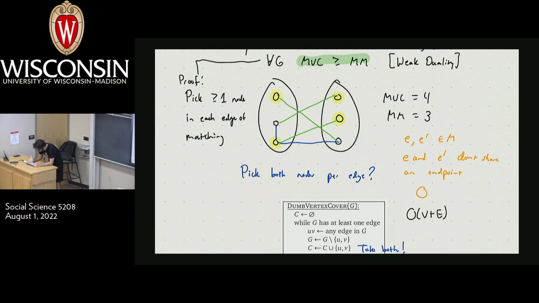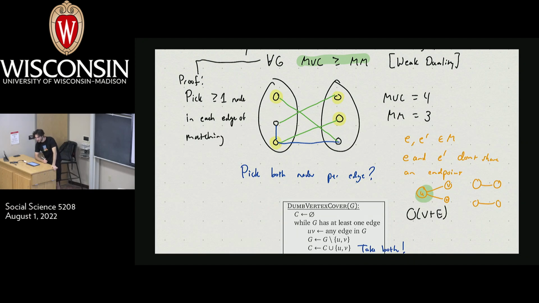So in particular, let's say it looked like this. If we had this kind of graph, you could pick just U, and that covers all the edges. But that's not a valid matching. In a matching, it would have to look like this. The 2 edges are completely separate.